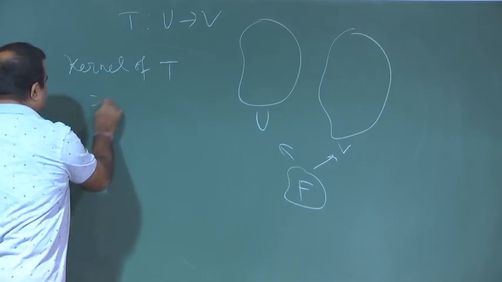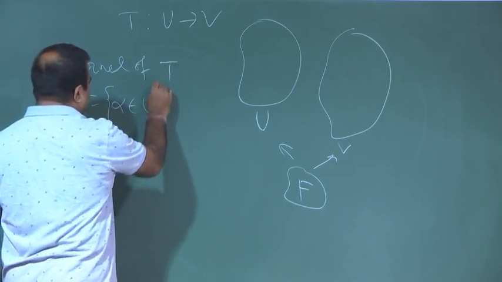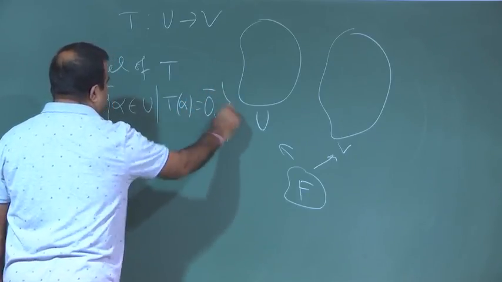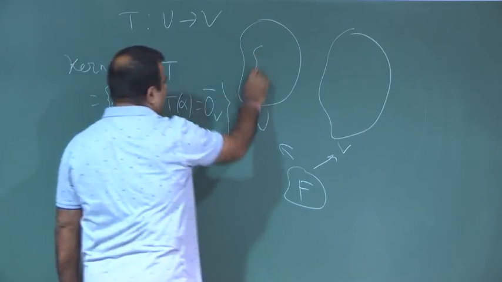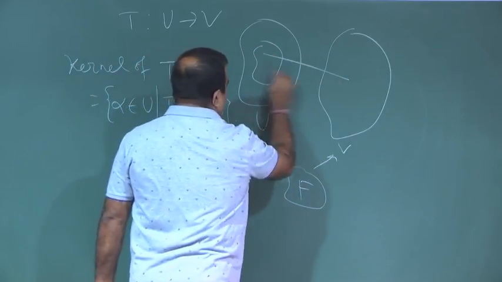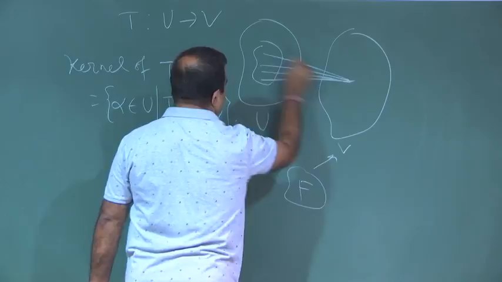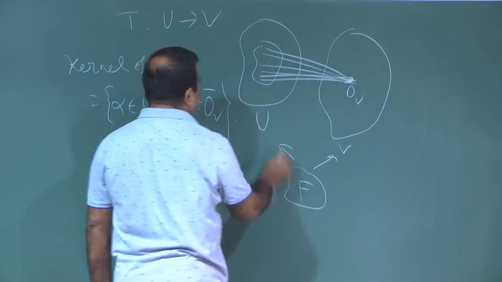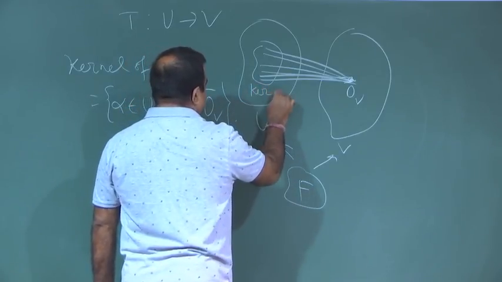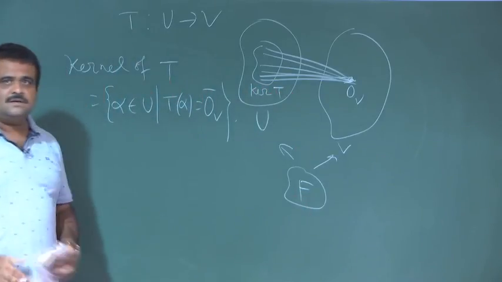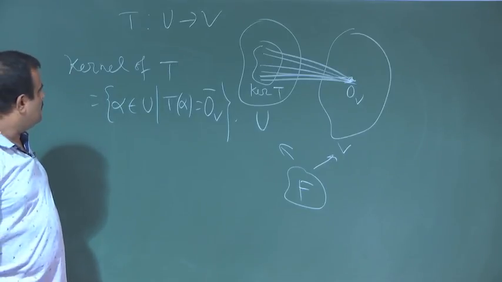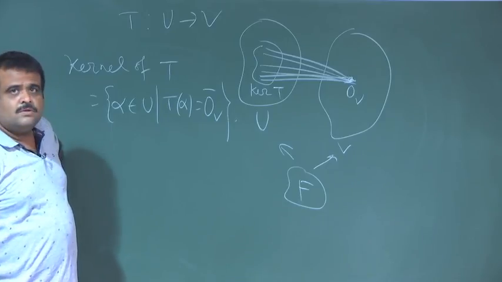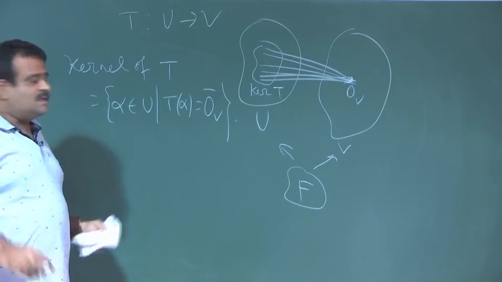The kernel of T is basically the set of all vectors from U which are mapping to the 0 vector of V. So, this is the 0 vector of V. In short, this set is written as ker T, kernel of T. Okay.